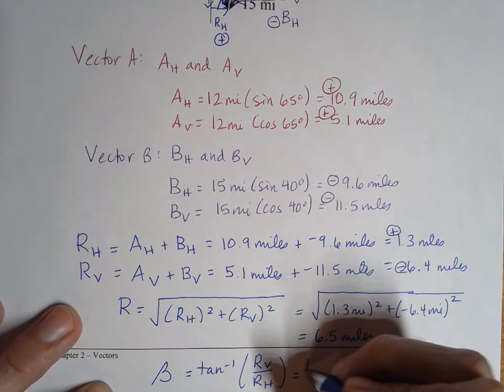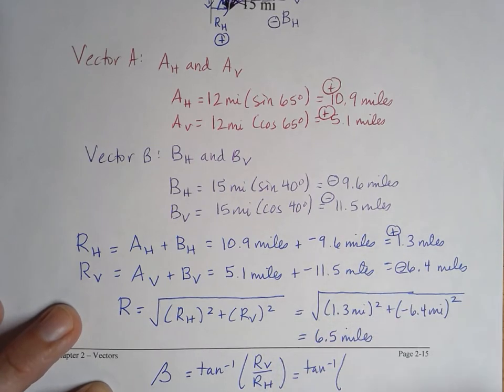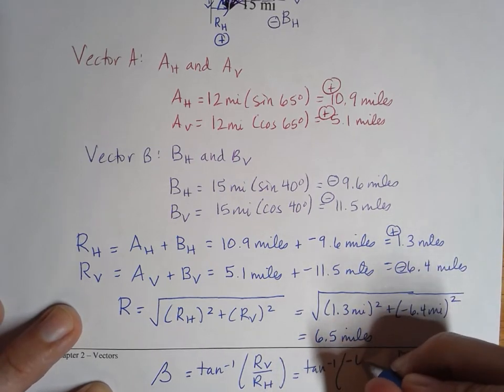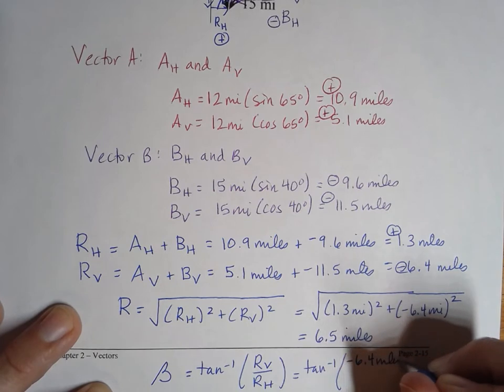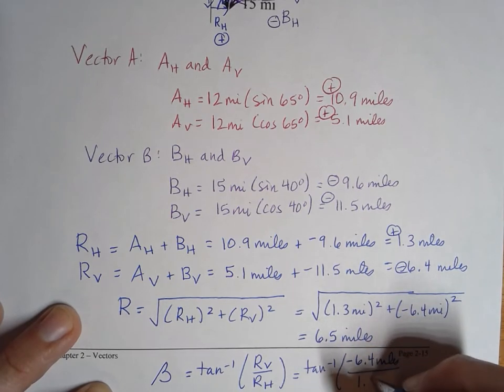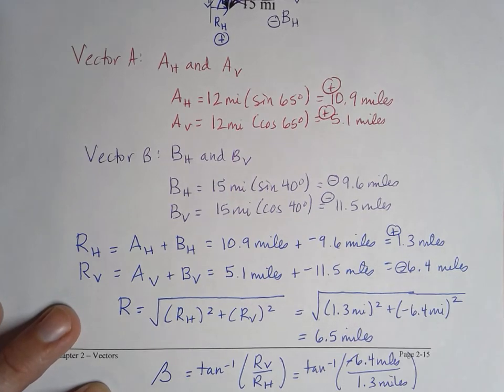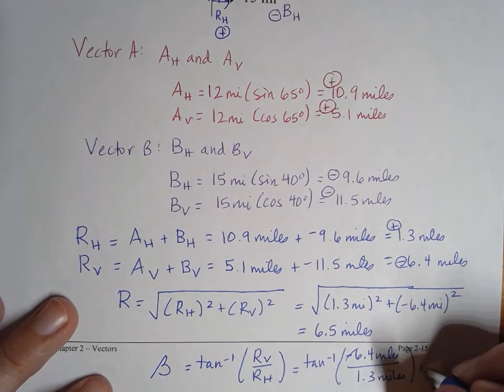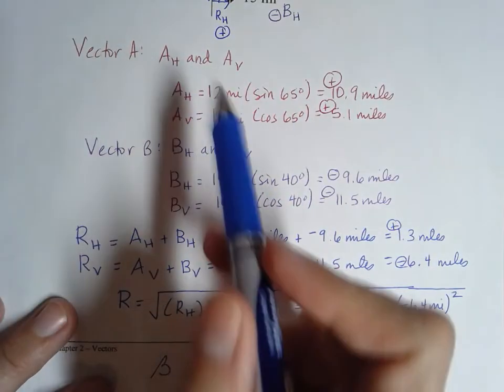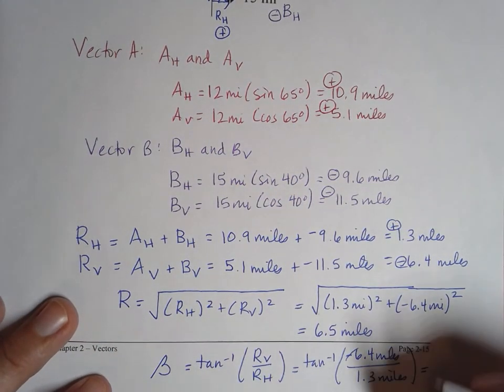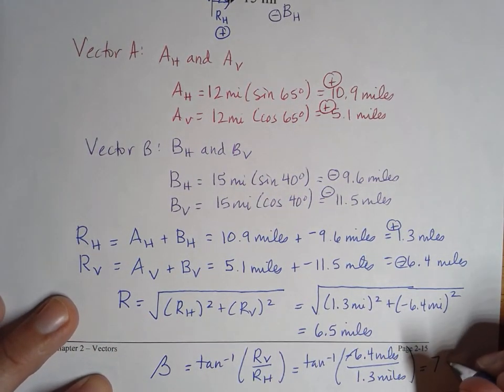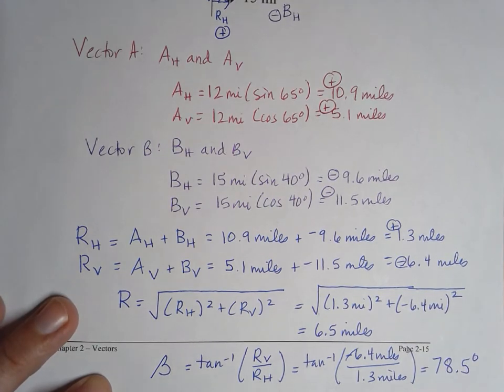So we'll take the inverse tangent of negative 6.4 miles over the 1.3 miles, but remember how we talked about in class, we don't really have to worry about this negative sign here because we don't want to get a negative angle since we know where it is on our frame of reference. And when we do that math, we wind up with 78.5 degrees. All right, so that is our answer for beta.